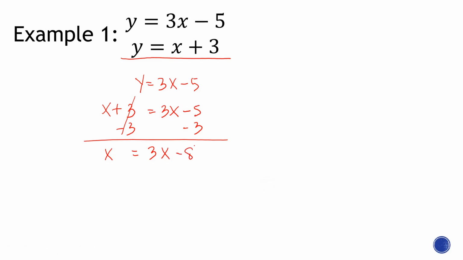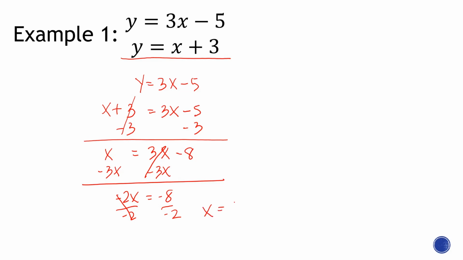That's negative 8. Now we want those two x's on just one side of the equation. So what I will do is subtract 3x on both sides. This will be negative 2x equals negative 8. And then I will divide by negative 2 on both sides. Therefore, x equals 4, right?